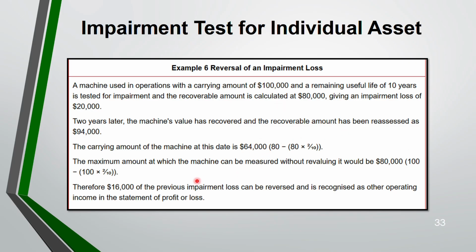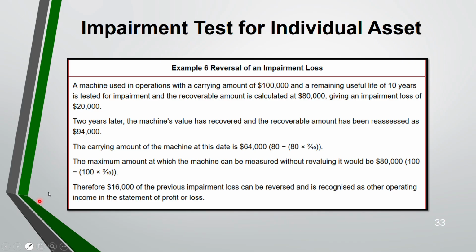If you compare 64 and 80,000, the difference is 16,000. So only 16,000 you can reverse out of this 20,000, because only up to this much you can reverse. Your carrying amount could only be up to 80,000. Beyond that, you can't. So to reach from 64 to 80, you can reverse 16,000.